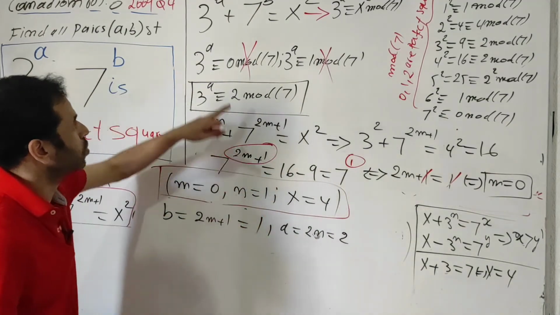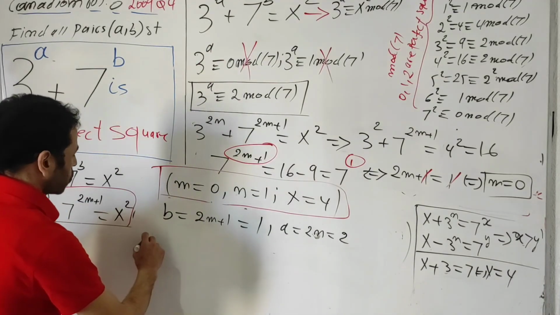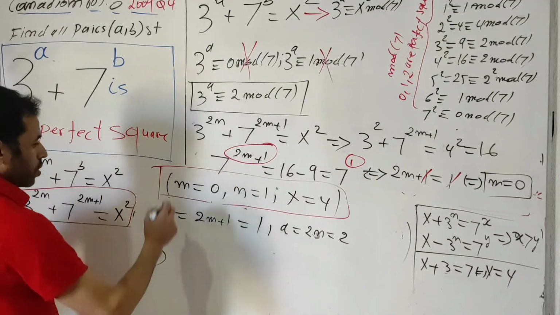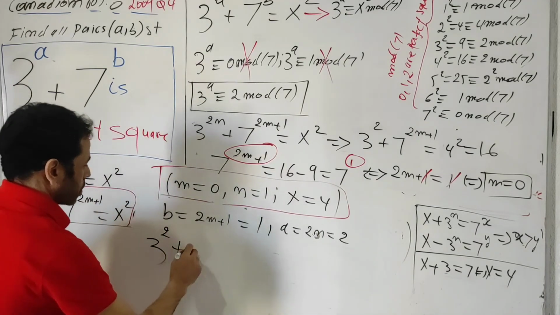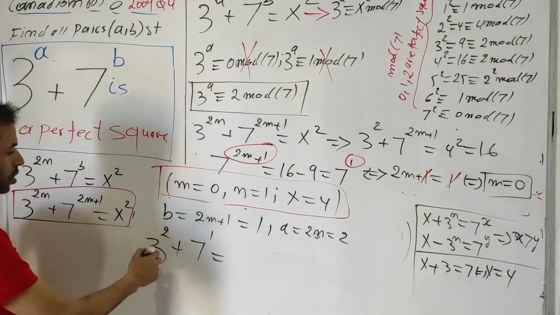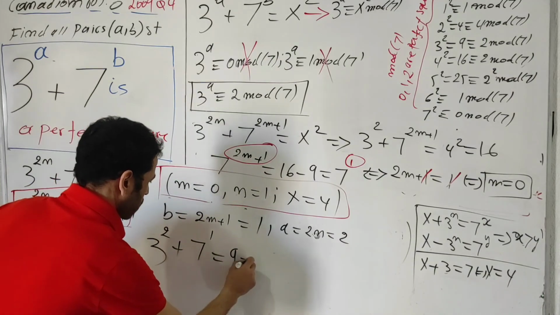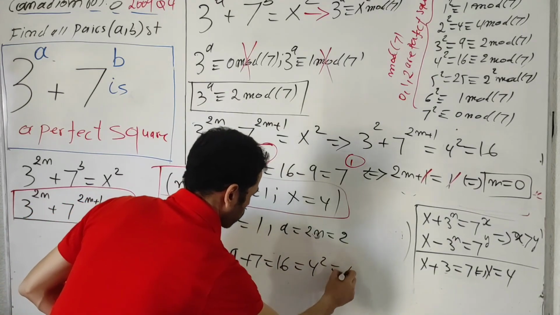Taking these two values and inserting them into this equation to see if it verifies: 3 to the a, which is 3 squared, gives us 9, plus 7 to the 1, which is 7, gives 16, which is 4 squared, which equals x squared.